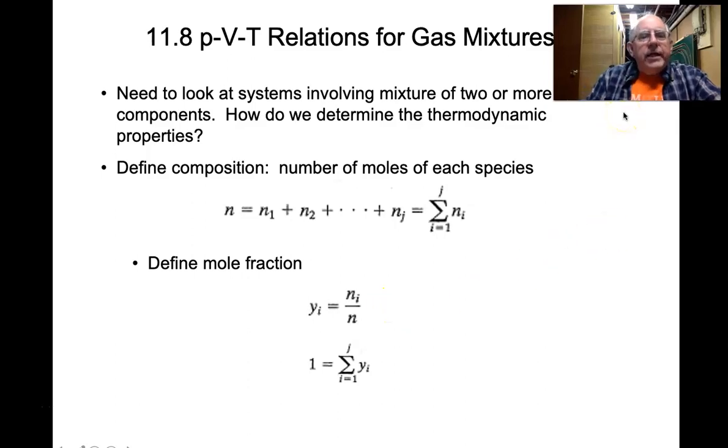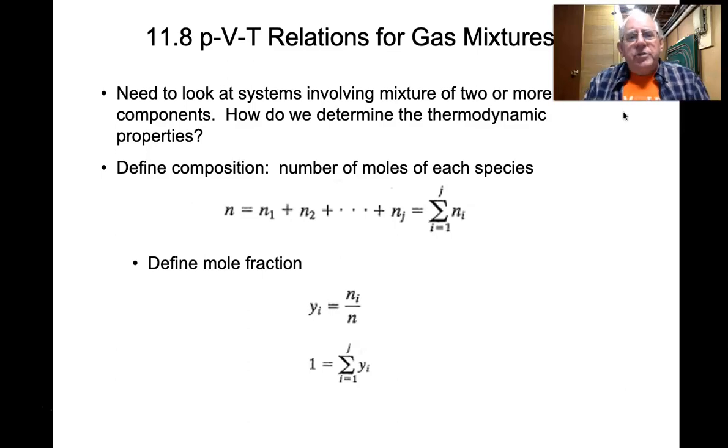Okay, the last section of Chapter 11 covers how we go about determining the pressure, volume, temperature relationships for gas mixtures. So far we've focused pretty much everything on just looking at a pure substance.